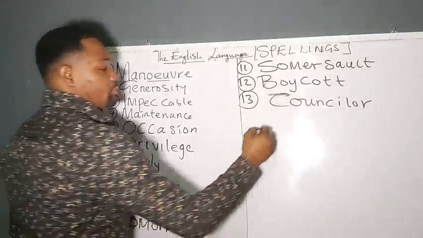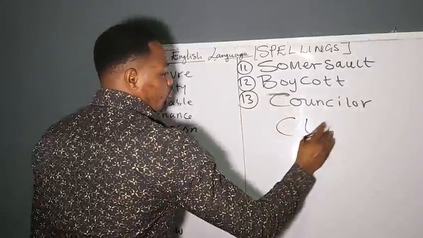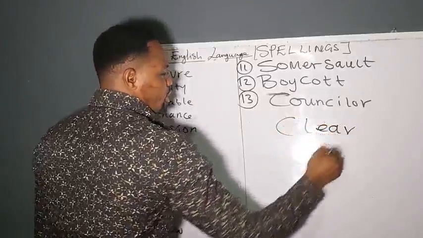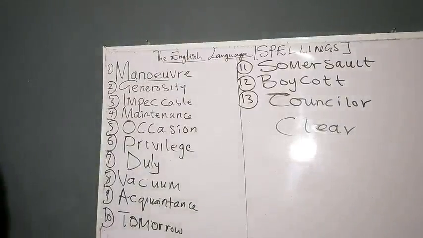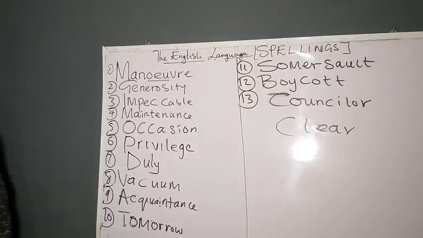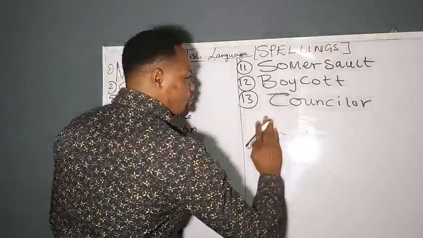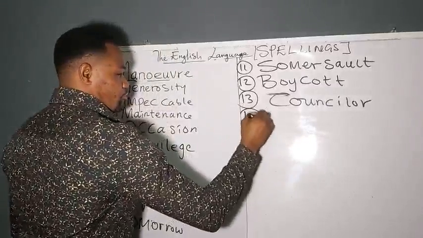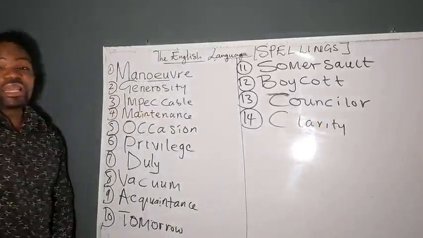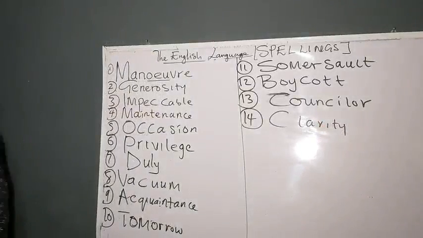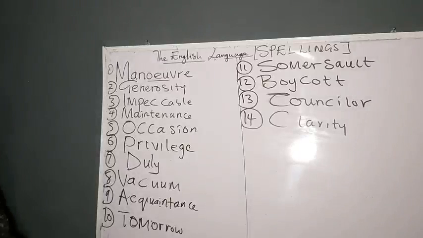So the word is clear, but it's not spelled with this particular pattern when the word clarity is about to be spelled. So it goes this way. Clarity, exactly the way it sounds.